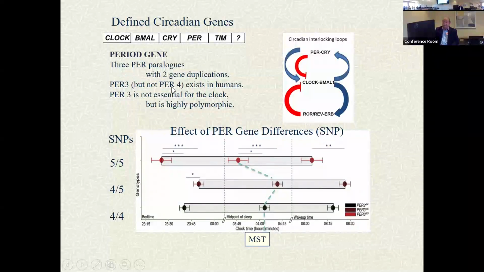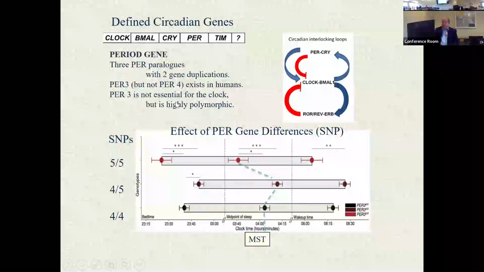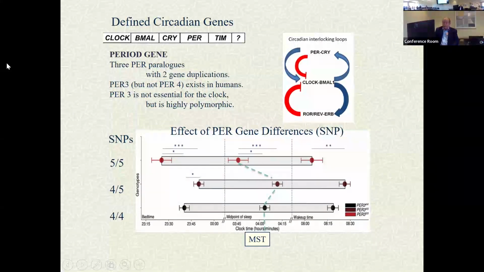PER4 exists, PER3 exists in humans, PER3 is not essential, polymorphic, and PER3 is a paralog, from gene duplications. I get very intrigued by genetics. What you can see is you can actually detect differences in genes in populations.